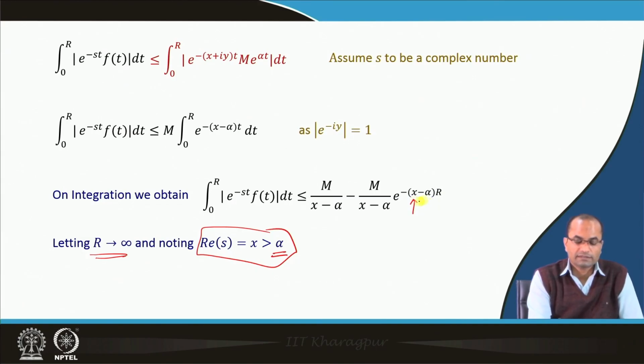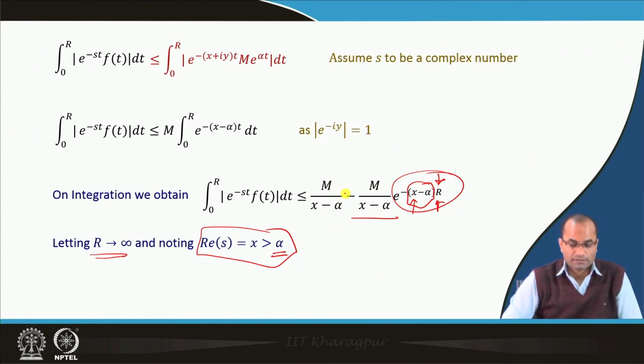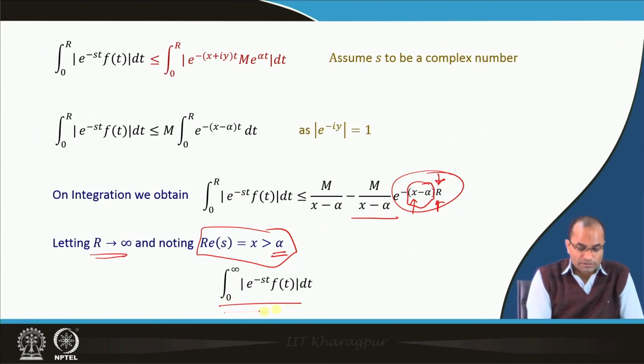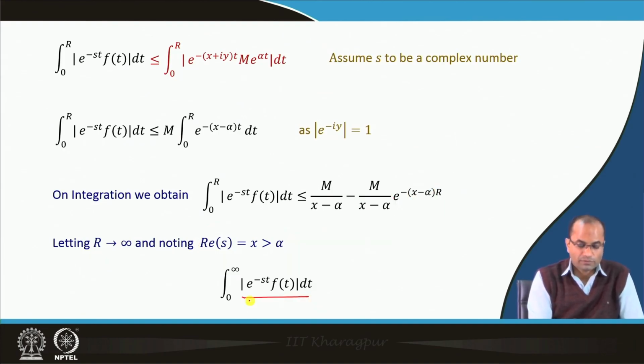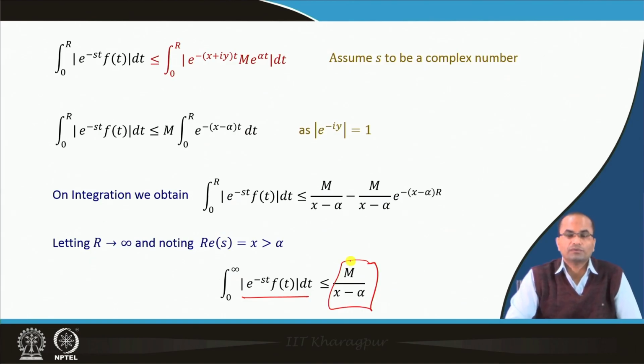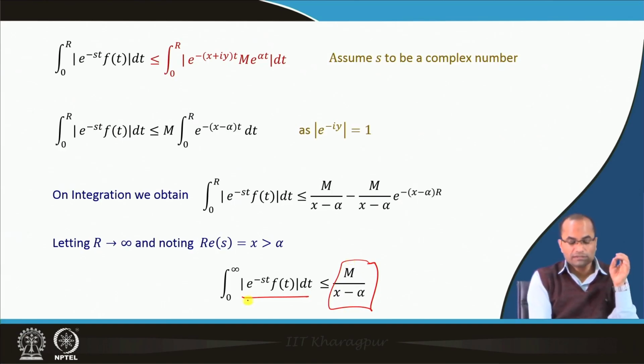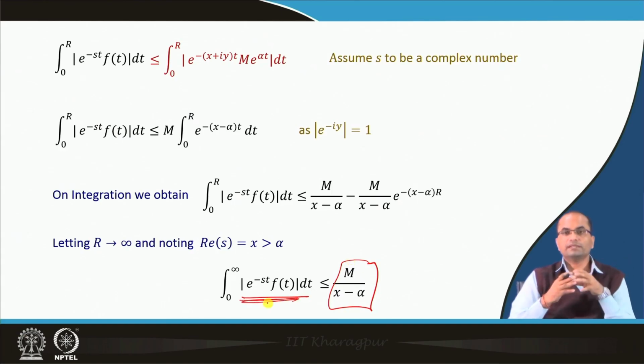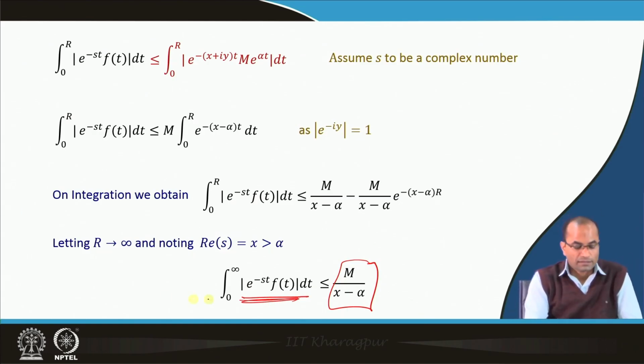Assuming that x is greater than α, we have a positive number multiplying R, and if R approaches infinity, this term goes to 0, and hence we get only M over (x minus α). So, the absolute value of the Laplace integral, with the absolute value of the integrand, is bounded by M over (x minus α). That is what we want to show: the Laplace integral exists, because this exists even with the absolute value. Naturally, without the absolute value it will exist, because that value will be smaller than this value.